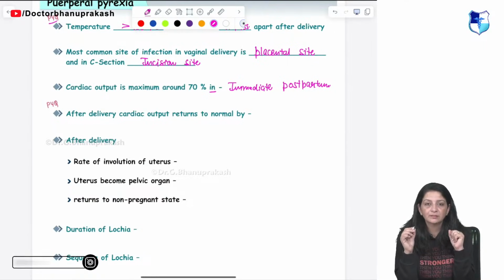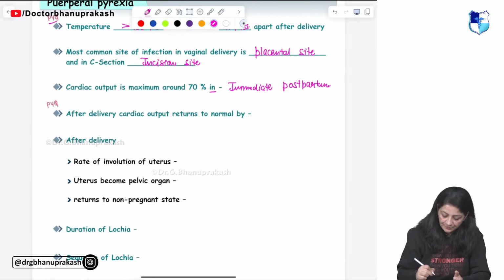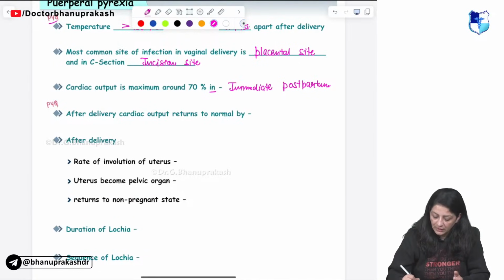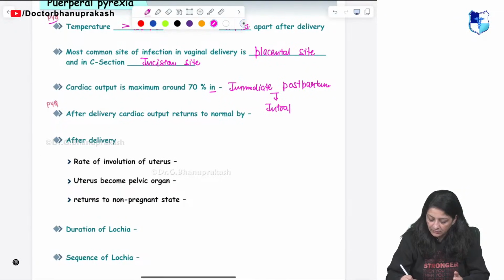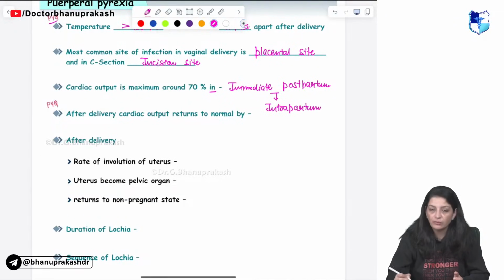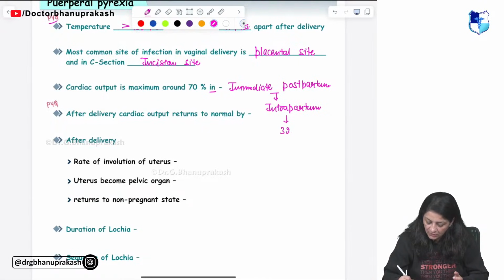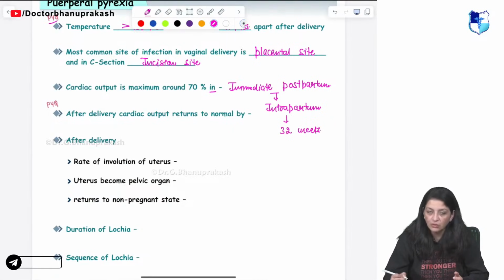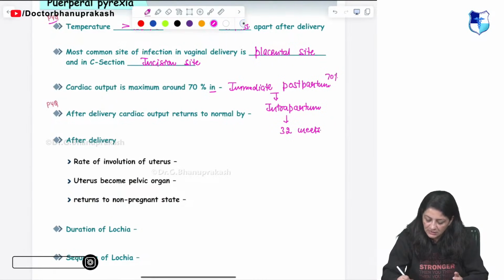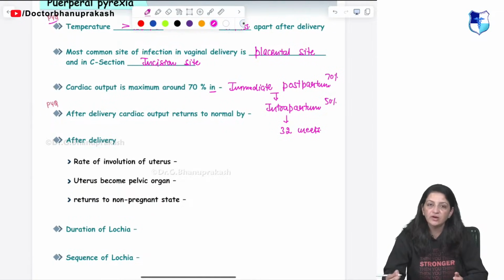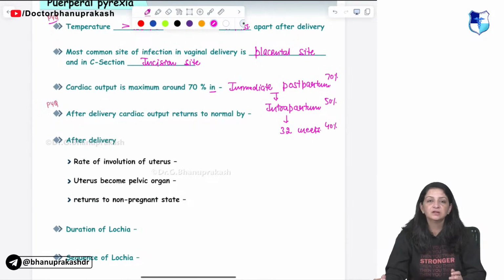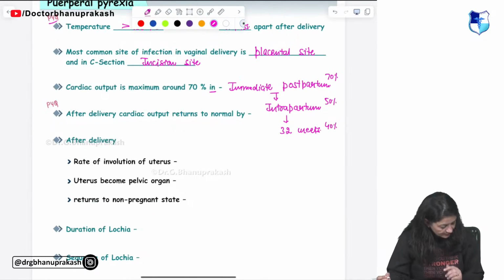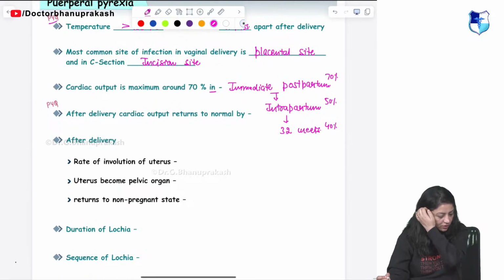So maximum cardiac output is immediate postpartum, then intrapartum at the time of labor, approximately 50% high, and then 32 weeks of gestation at around 40%. So 70% maximum cardiac output postpartum, 50% intrapartum, and around 40% at 32 weeks of gestation.